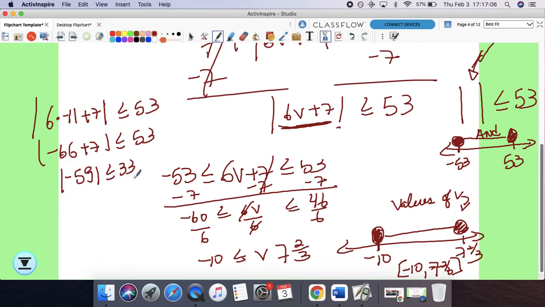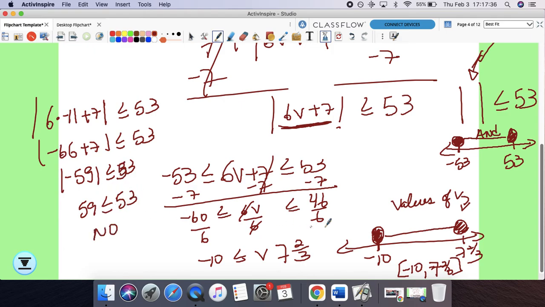Yeah, hang on a second. 6 times negative 11 is negative 66. Negative 66 plus 7 is negative 59. Take the absolute value after that. 59 less or equal to, sorry, this will be 53.